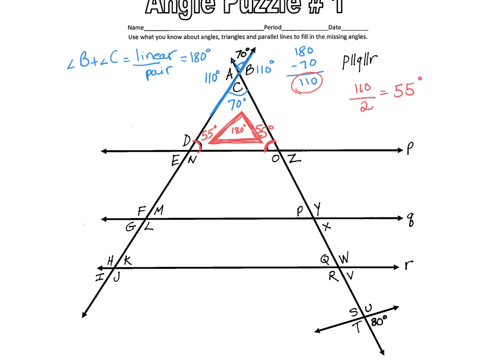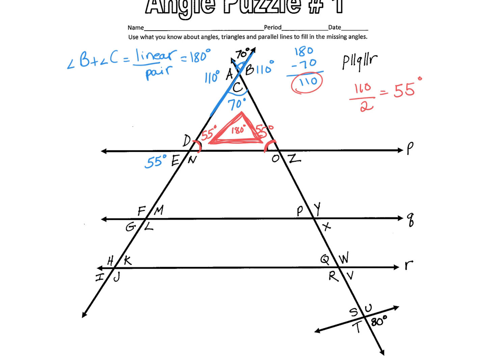Now, with that information, I can determine the measure of all the remaining angles, because all the remaining angles either form a line and add to 180, or they are vertical and therefore congruent. So angle E is going to be 55 degrees because it's vertical.